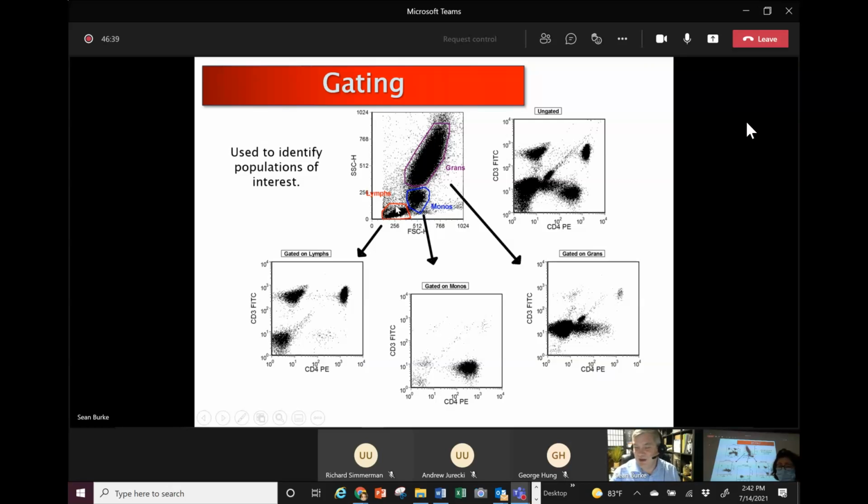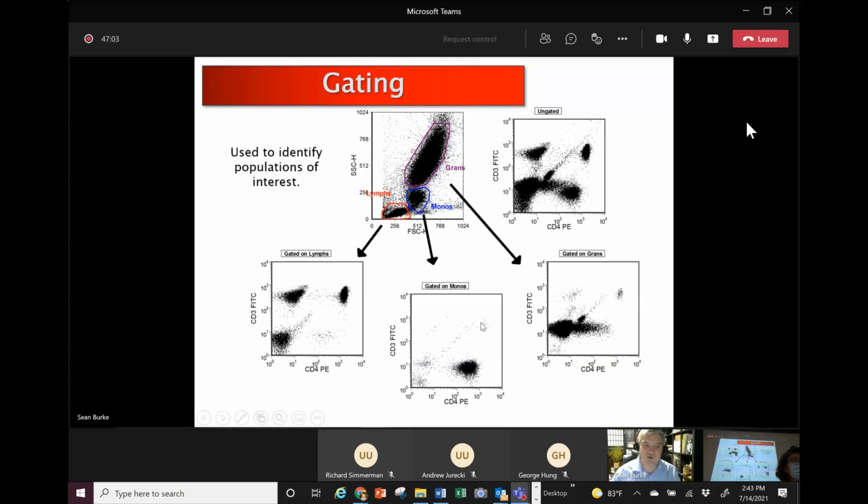So we can create a little gate around the lymphocytes, and we can look at another chart of CD3 versus CD4 of only the cells that fall in there, and then we can see the expression of CD3 and CD4 for the lymphocytes. And then we can take the monocytes and put them into another graph of CD3 and CD4 and see that they only express CD4 but not CD3.